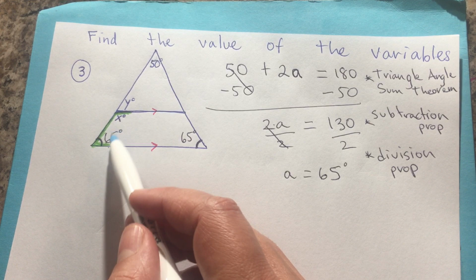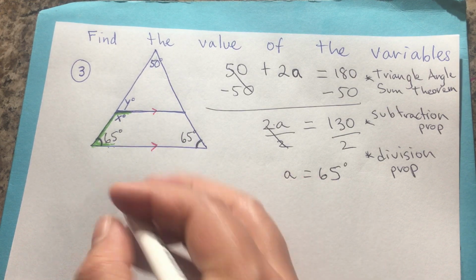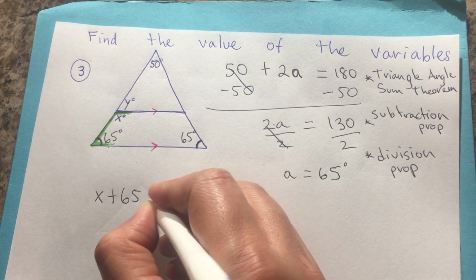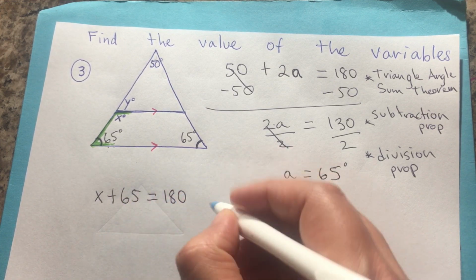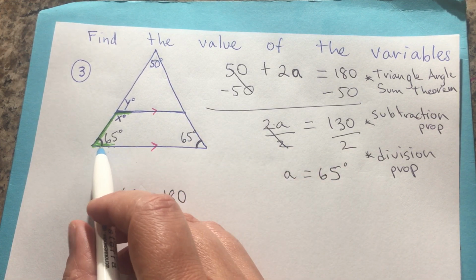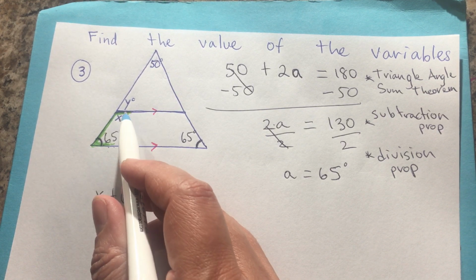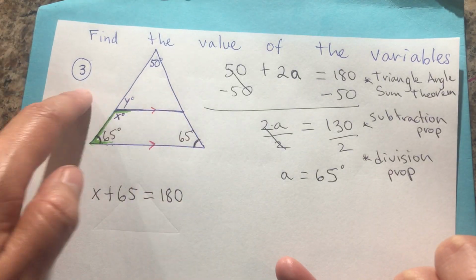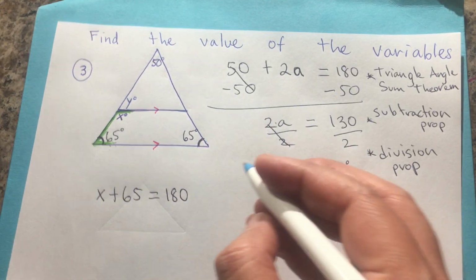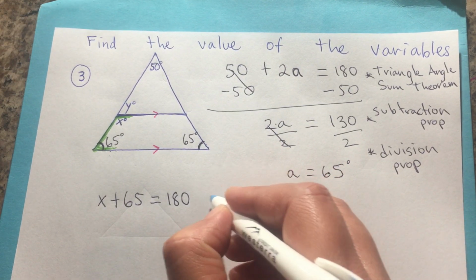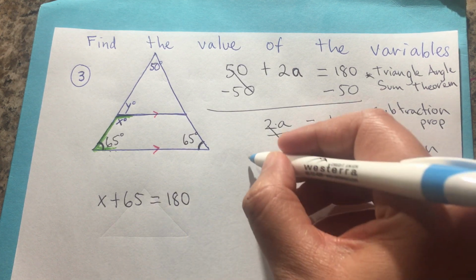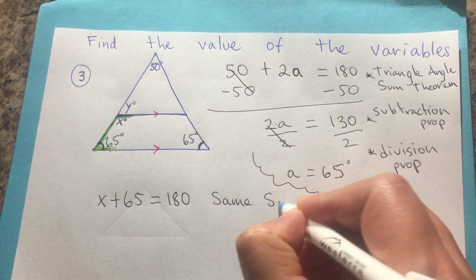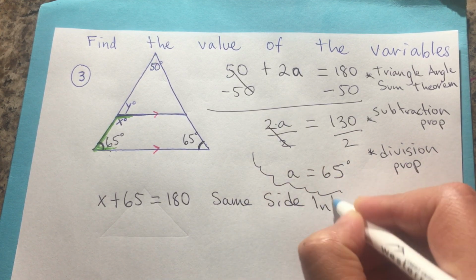They add up to 180 degrees. So we can say that x plus 65 equals 180. And it's because they are on the same side of the transversal and inside of the parallel lines. Okay? So the reasoning or justification is same side interior angles.